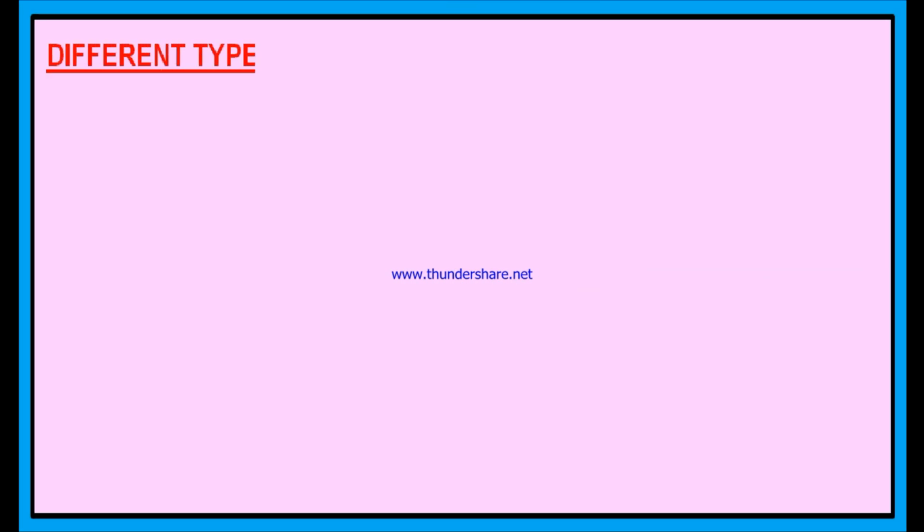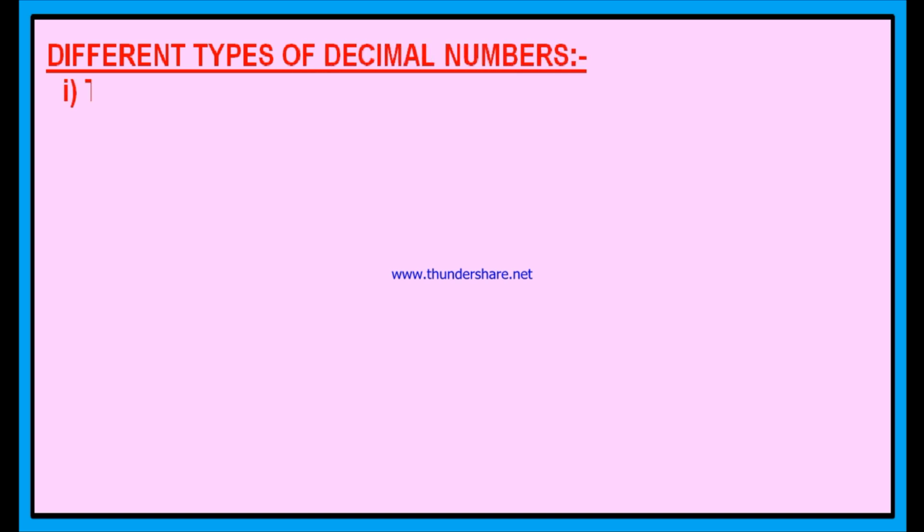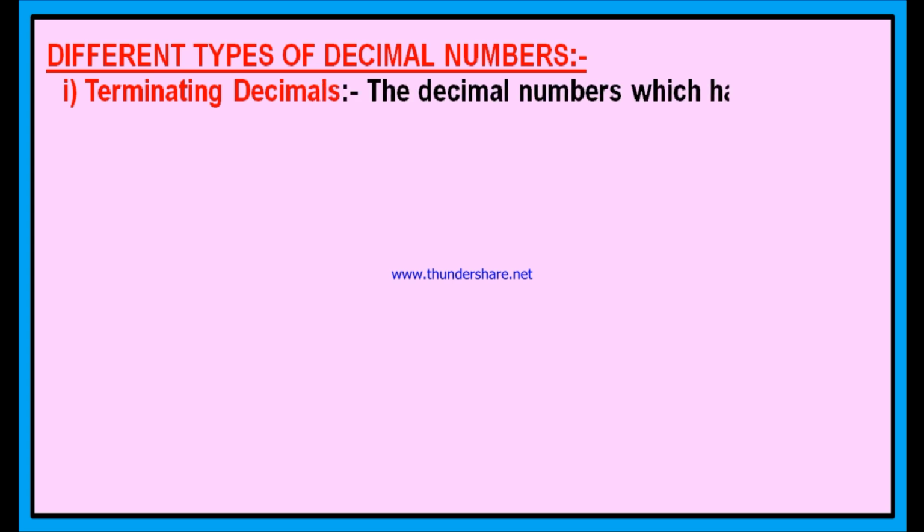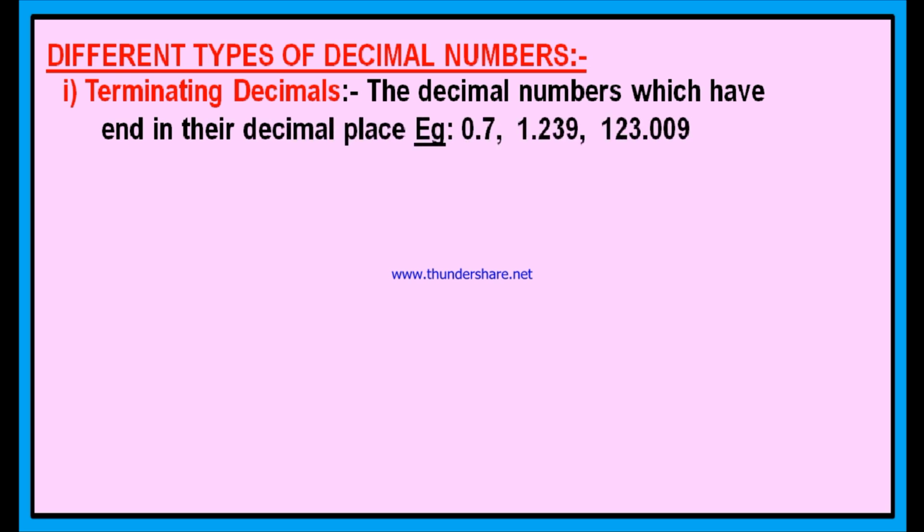You see now the different types of decimal numbers. The first one is terminating decimals. The decimal numbers which have an end in their decimal place are called terminating decimals. For example, 0.7. This decimal place ends with 7.